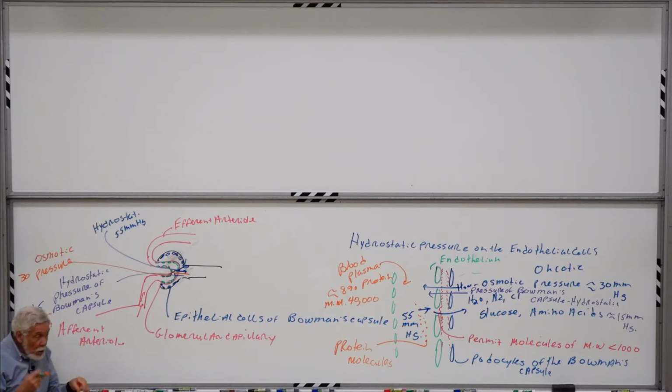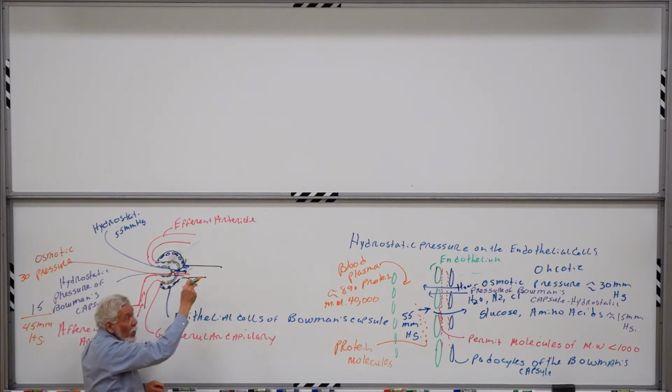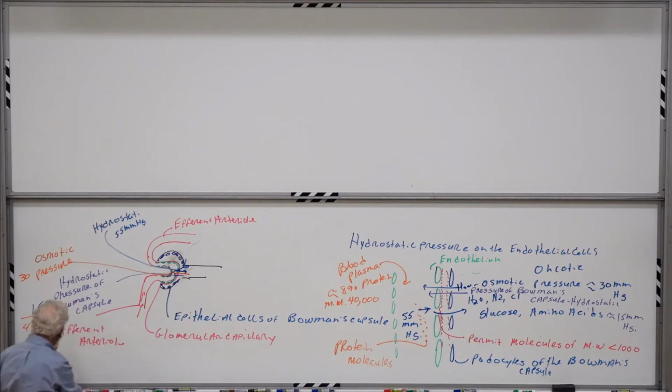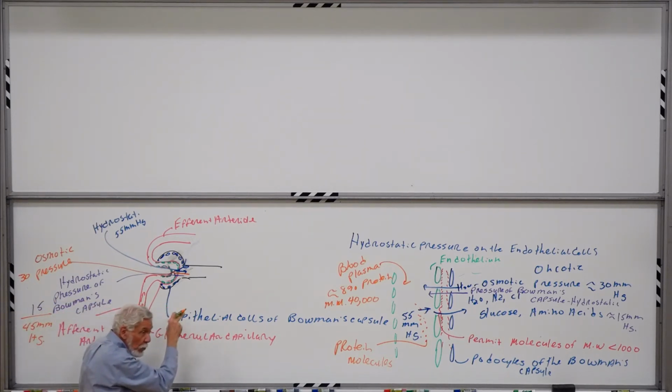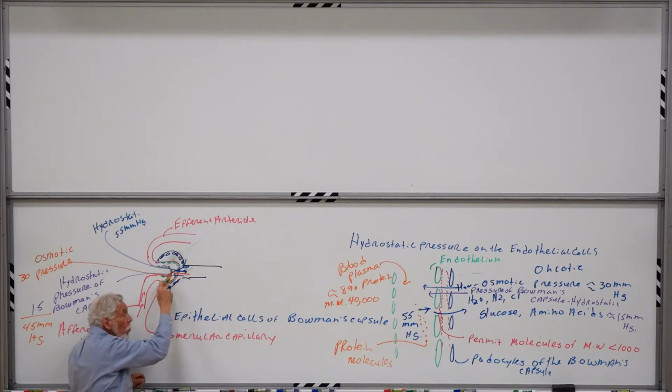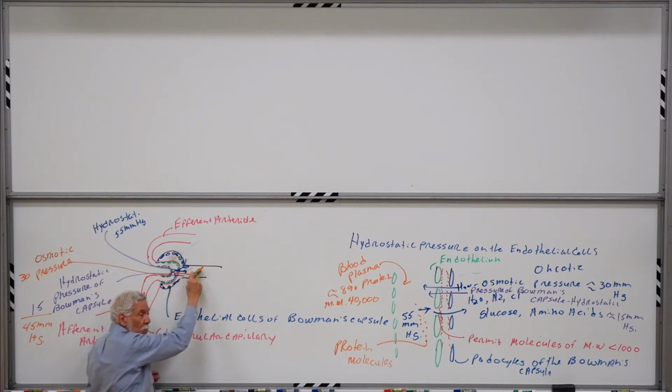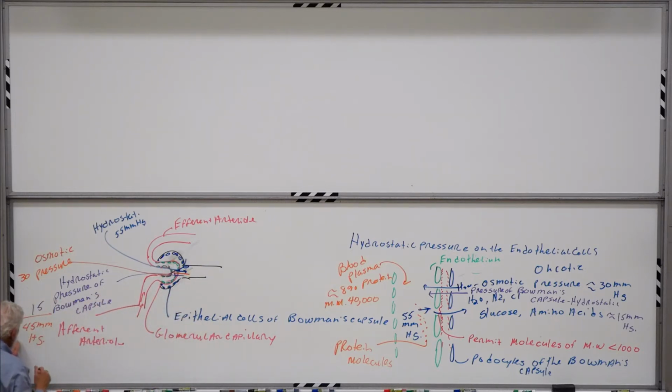So there's a pressure moving fluid from Bowman's capsule back into the capillary of 45 millimeters of mercury. But there's a hydrostatic pressure from the blood vascular compartment, from the heart, moving the fluid from the capillary into Bowman's capsule.